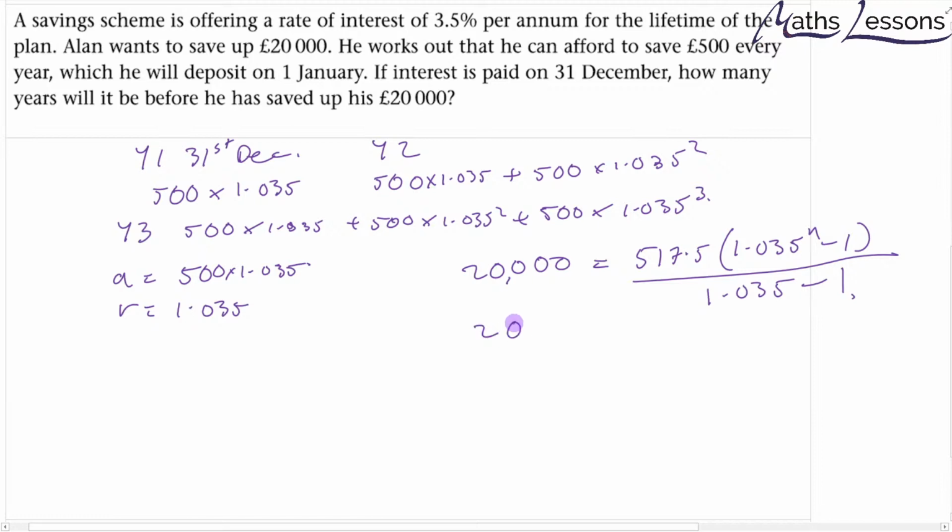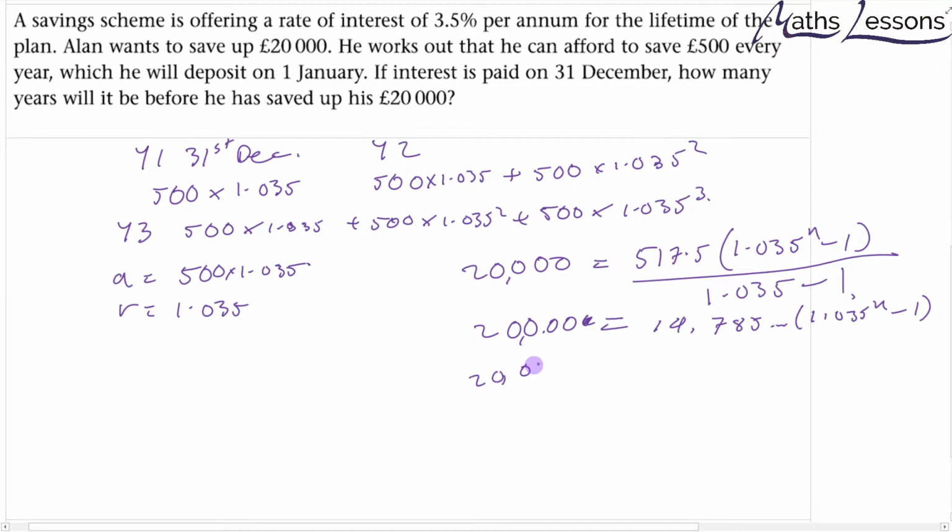So we're going to have here 20,000 equal to 14,785 and the rest times by the brackets here, 1.035 to the n minus 1. So I'm going to divide by that.